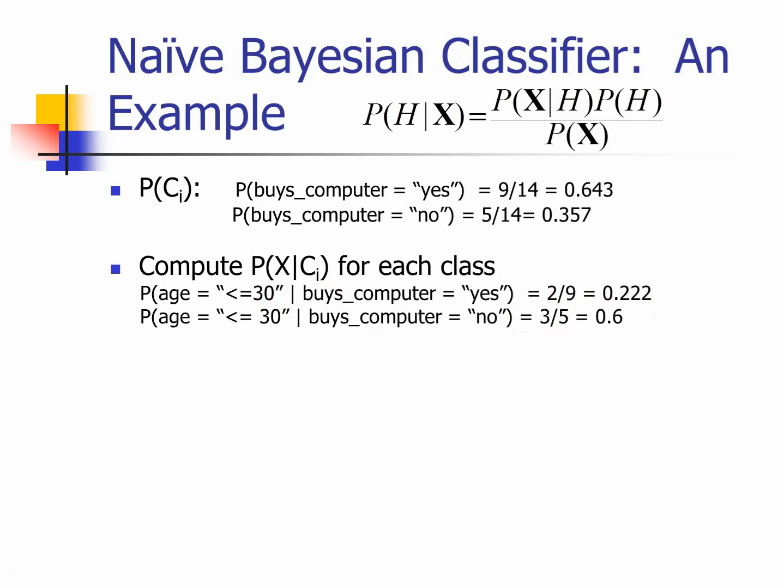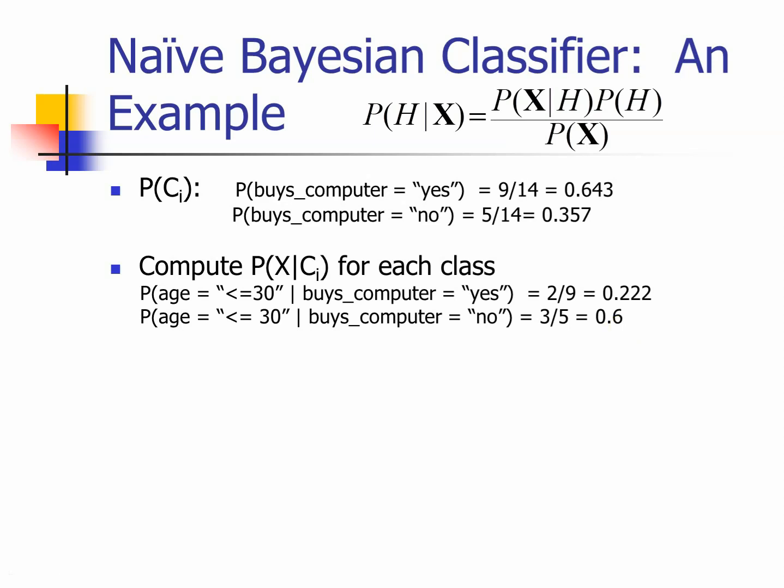On the other side, 3 of them are not buying the computer, and there are only 5 in our training data set not buying the computer. So this attribute contributes a lot of probability in this scenario. If we only compare these two, you can see that age less or equal to 30 is doing a pretty good job in distinguishing whether or not someone is going to buy a computer.